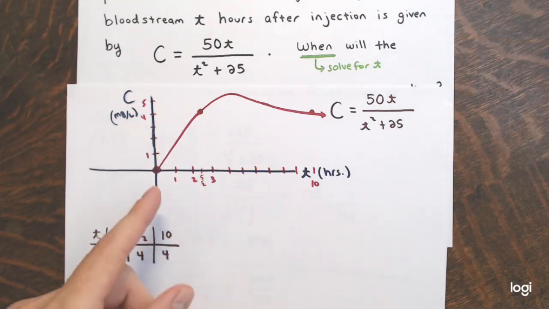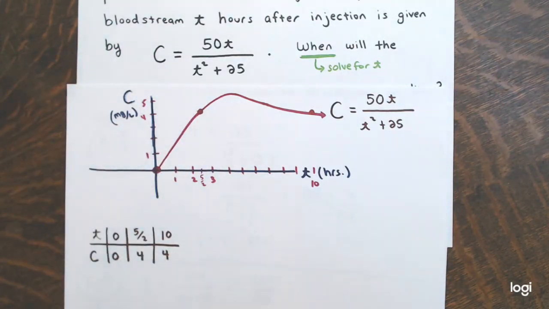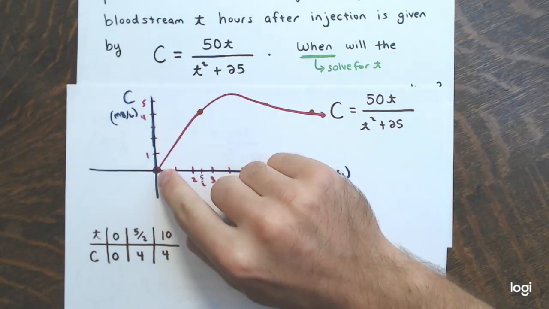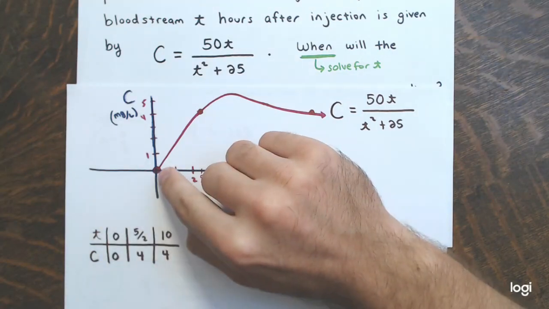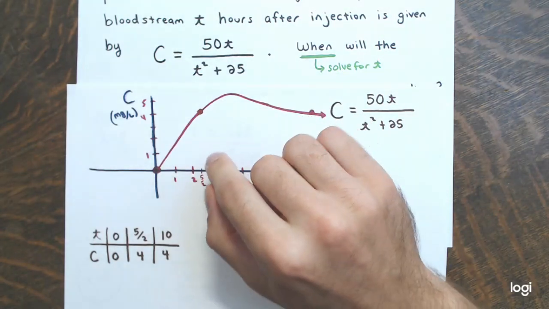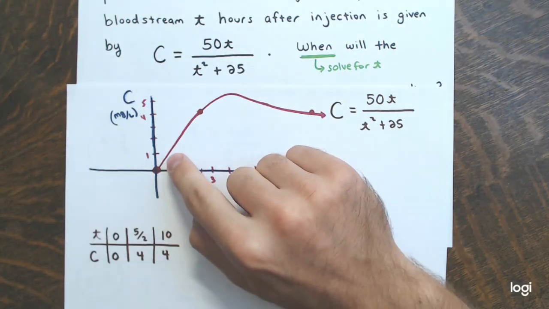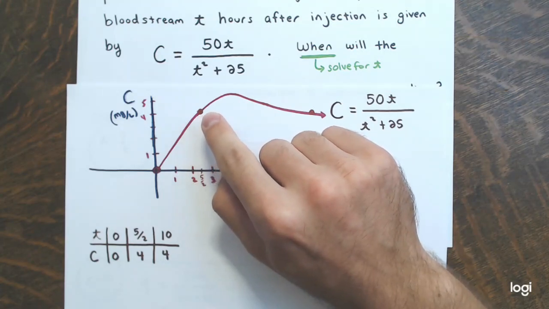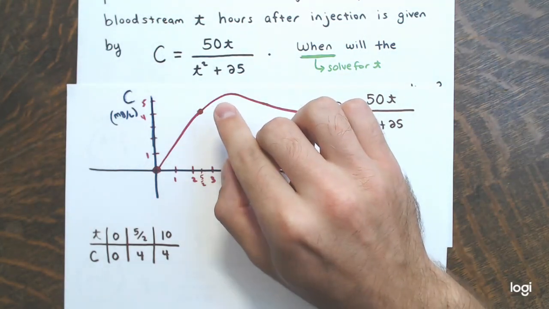Or maybe this makes sense. I'm not a doctor or a scientist, it's probably obvious after watching a few of my videos. Maybe after the injection, you inject it in your arm or something, and it takes a little bit to get pumped around your body and get to your heart. So after a couple hours it slowly climbs, and it's at 4 milligrams per liter here, and then it finally reaches your heart and gets pumped around.